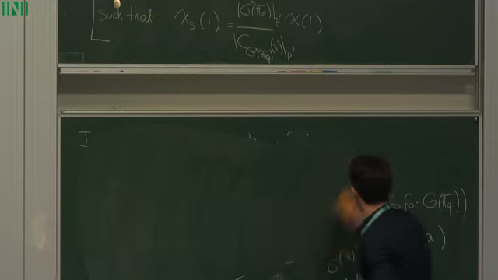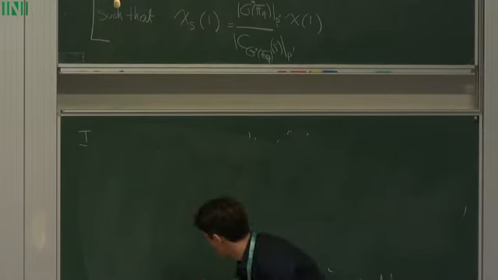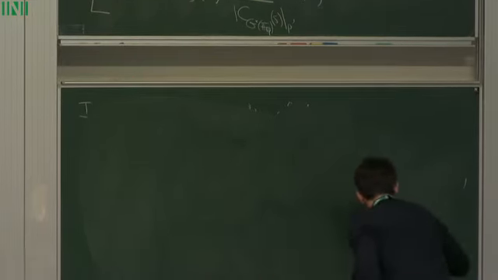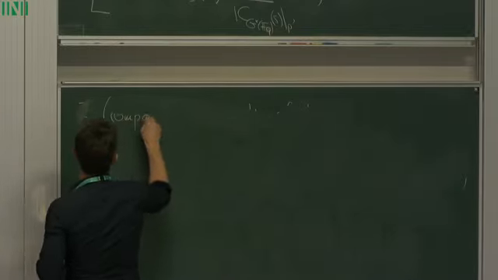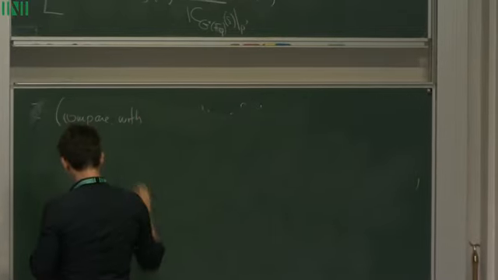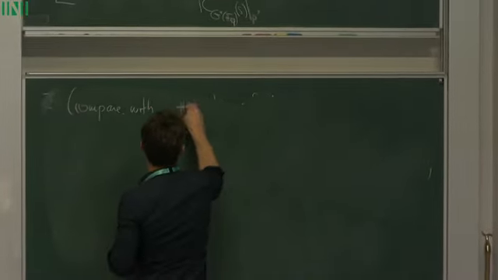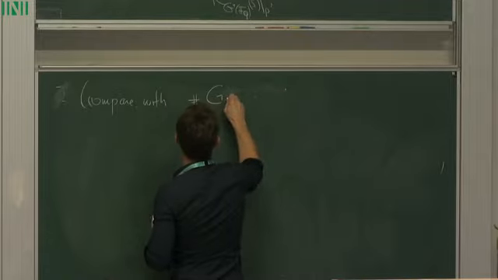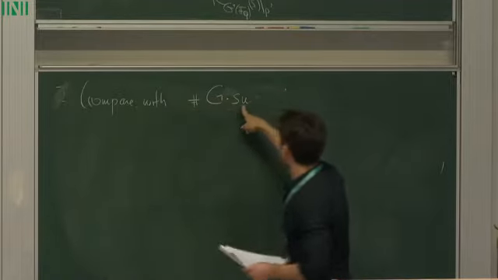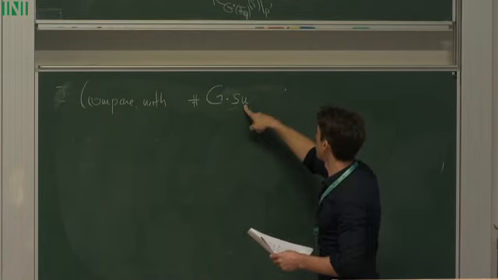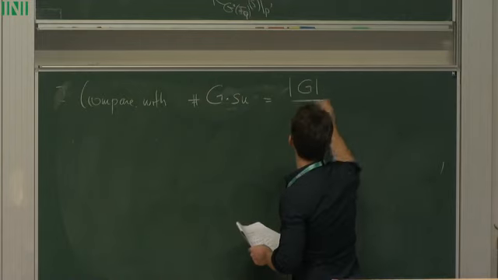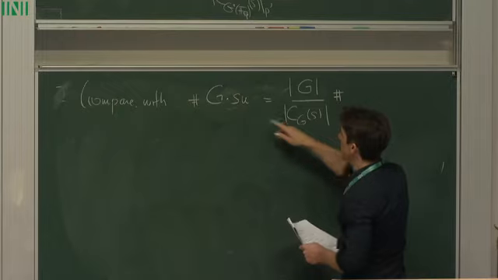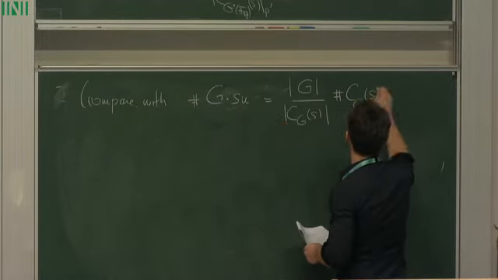If I wanted to compute the length of an orbit for the finite group, if I started with an element whose Jordan decomposition is s times u, so the semi-simple part and the unipotent part commuting, then it will be just the order of G divided by the order of the centralizer of s, times the length of the orbit for the centralizer.